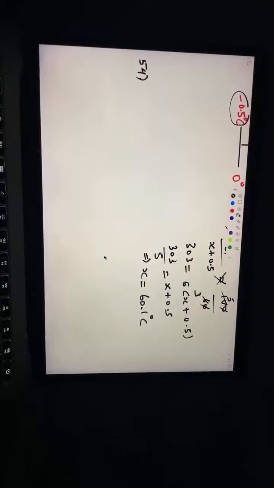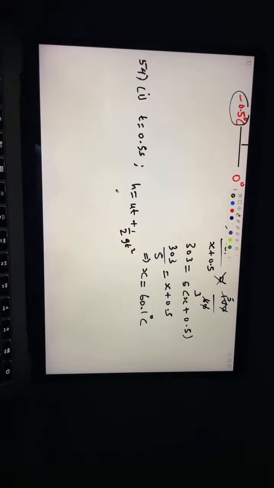In question 54, Roman figure 1 says that a body is falling from a height from rest. The body falls from rest to the ground in 0.5 seconds. So time taken to reach the ground is 0.5 seconds. We are looking for the height, using the equation h equals ut plus half gt squared.